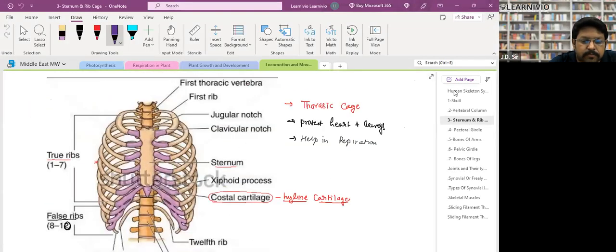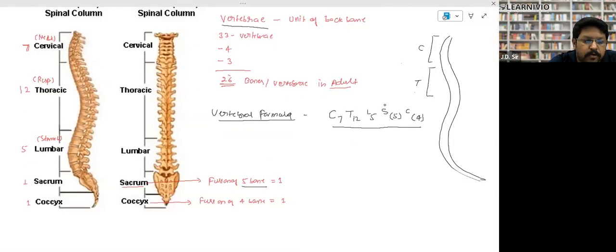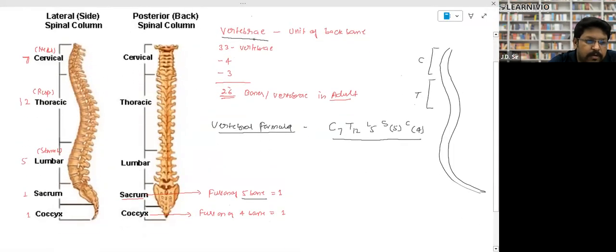Sir, can you say again why is there minus 4 and minus 3? Look, this sacrum is a fusion of 5 bones, right? So how many bones become less? 4 bones. So out of 33, I have deducted 4, right?